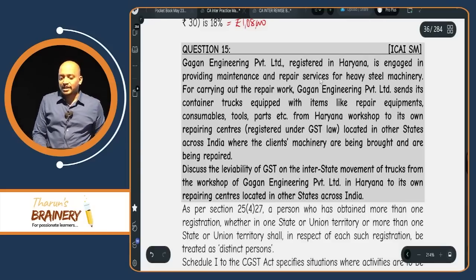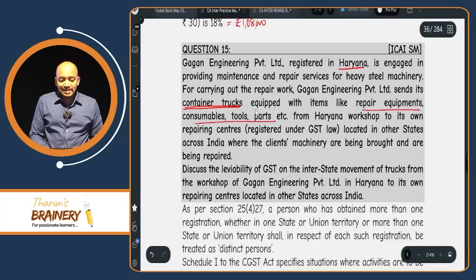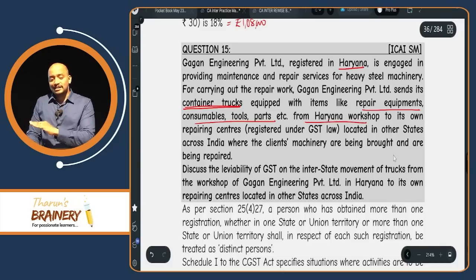Gagan Engineering Private Limited, where are they registered? Haryana. It is engaged in providing maintenance and repair services. What they are doing is sending a container truck. In that truck, all the repair equipment, consumables, tools, parts, etc. are there. They are sending this repair truck from the Haryana workshop to their repairing centers in other states.